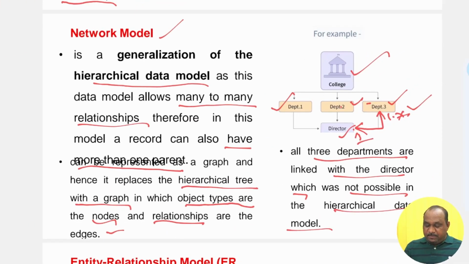Or a number of directors will maintain different departments or different colleges. Based on that scenario, you can see many-to-many relationships are possible from one object to other objects, or one node to other nodes. So this is one example of the network model.